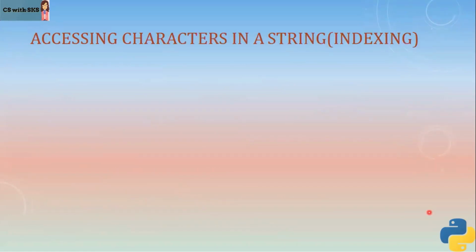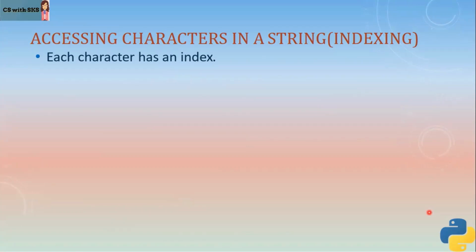Now, once you understand what a string is, you need to understand how you can access each and every character of a string. Indexing. What is indexing and how is it used along with strings in Python? Let's understand that. In Python, each character of a string has an index.